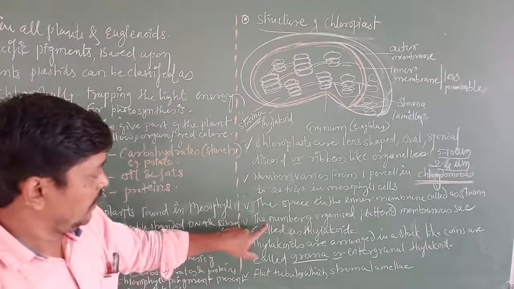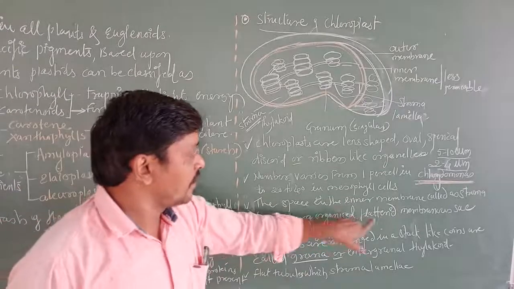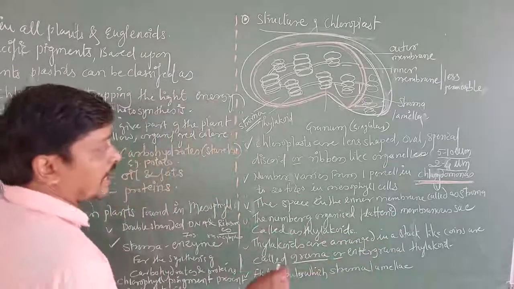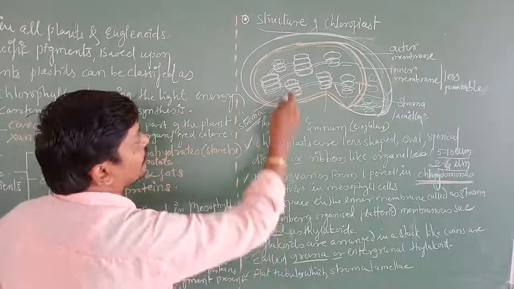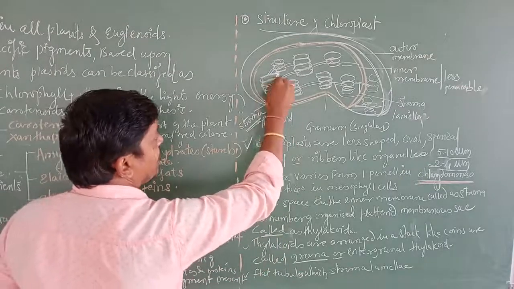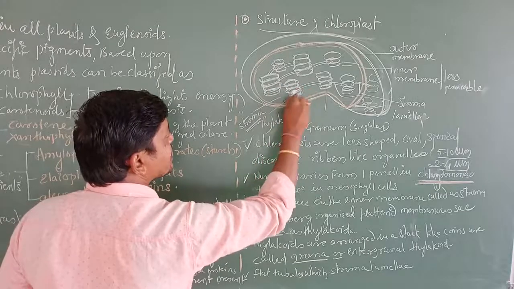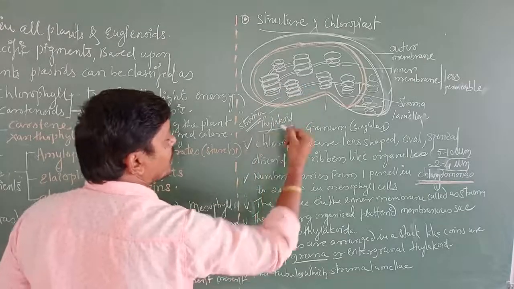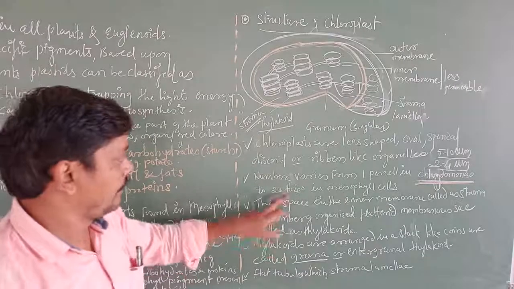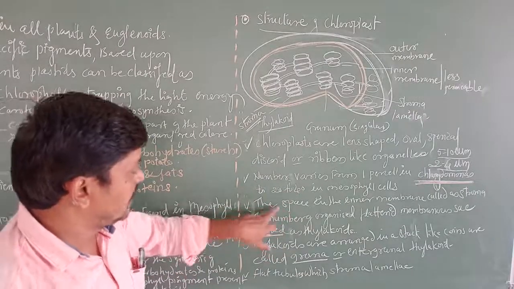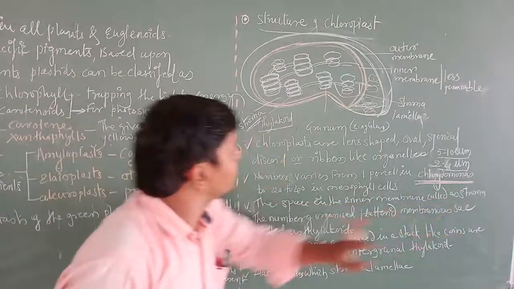Afterwards, the flattened membranous sacs, yes, 1, 2, 3, are arranged in a stack. We are going to call them thylakoids. What I told you, the space inside the inner membrane is called the stroma.